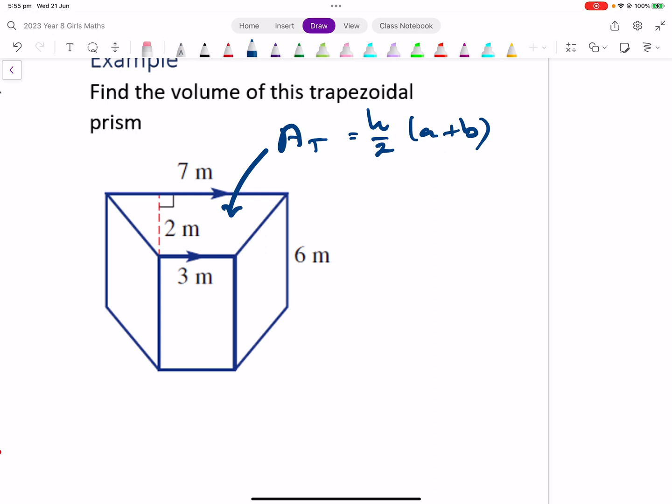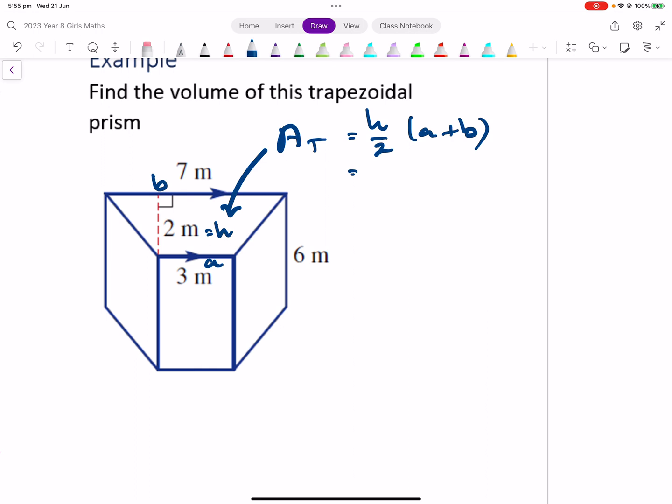All right, what's H? H is the distance between the two parallel lines. It doesn't really matter which one is A and which one is B. I'm going to call the small one A. So H is 2 over 2. A plus B is 2 plus 7. 2 over 2 is 1, so that disappears. 2 plus 7 is 9 meters squared, because that one is a measure of area.